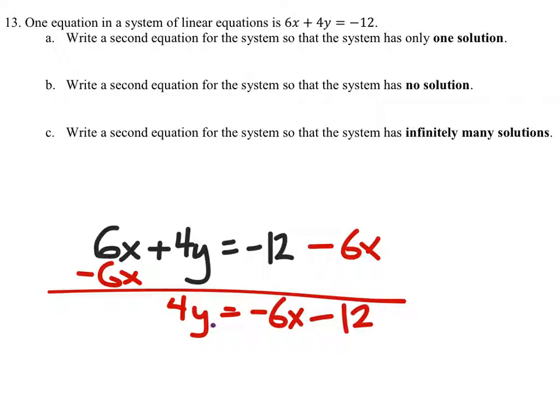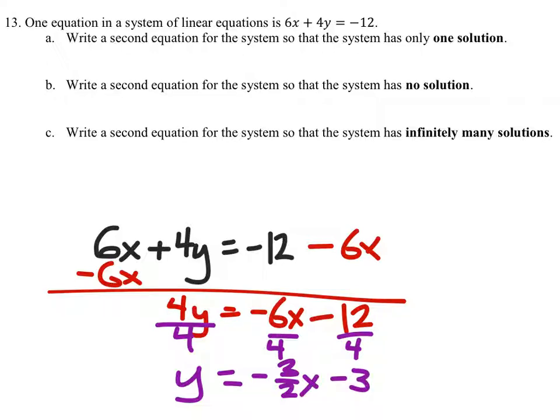Then we divide everywhere by 4, which leaves us with y equals negative 3/2 x minus 3. This gives us a slope of negative 3/2 and a y-intercept of negative 3.